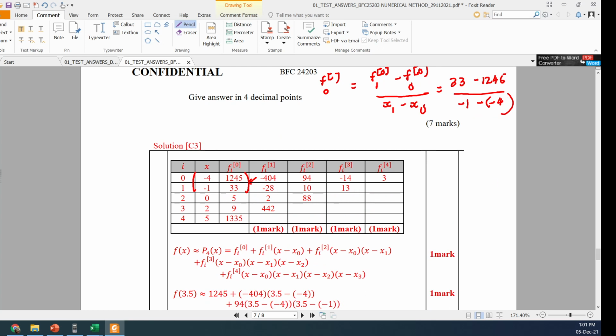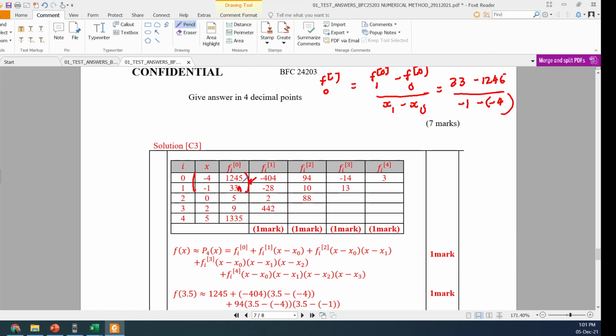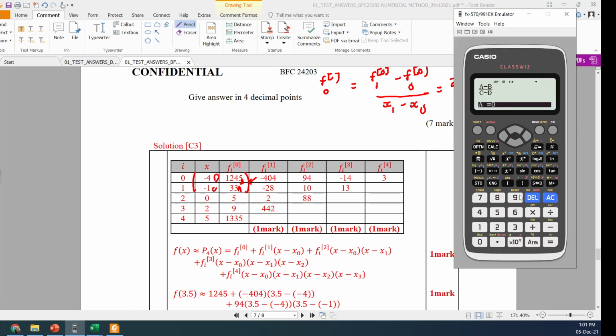Here you can perform (a minus b) divided by (c minus d). a is 33, b is 1245, c is -1, d is -4.